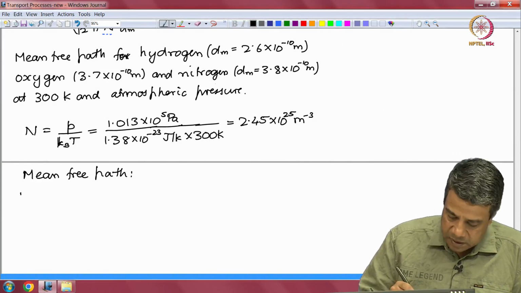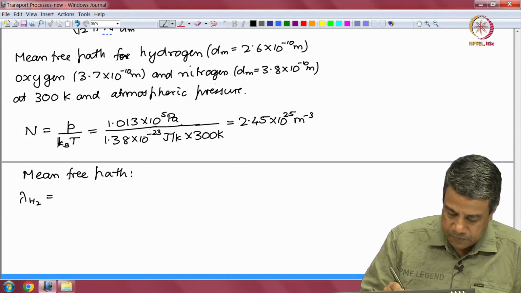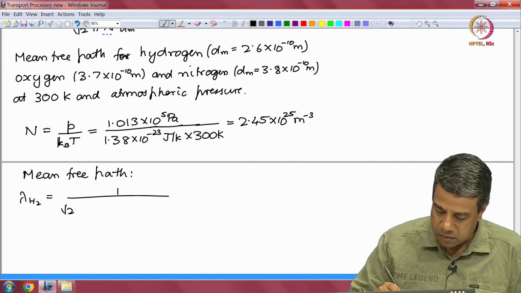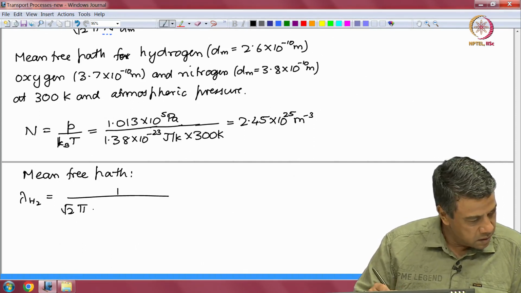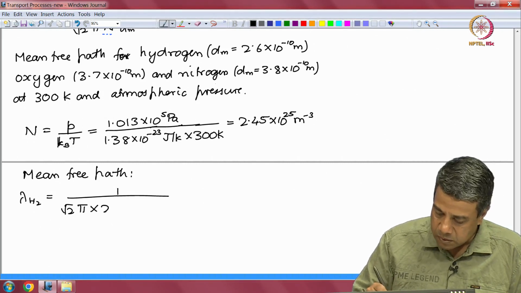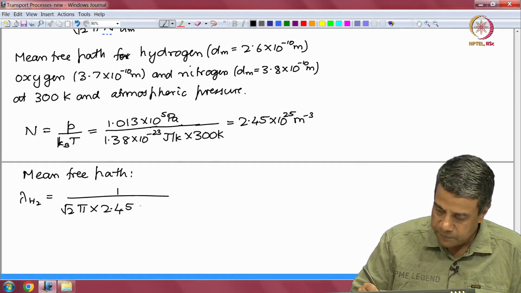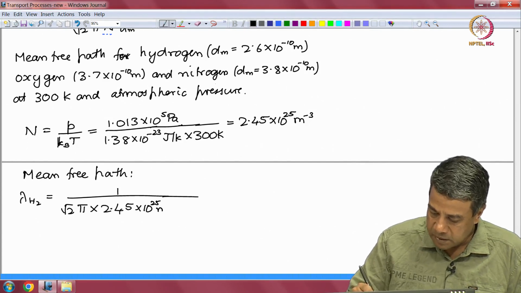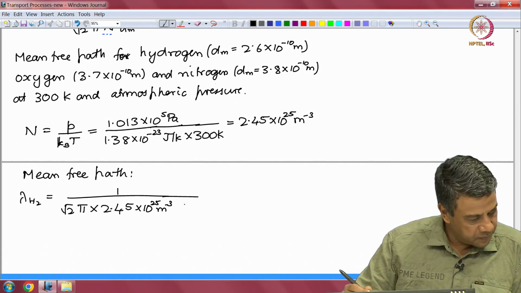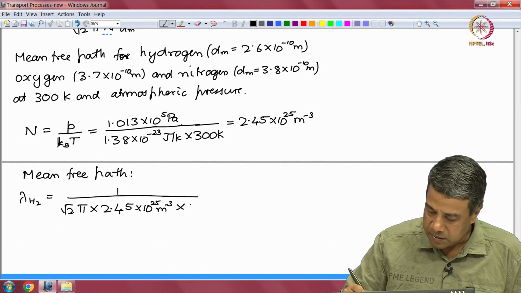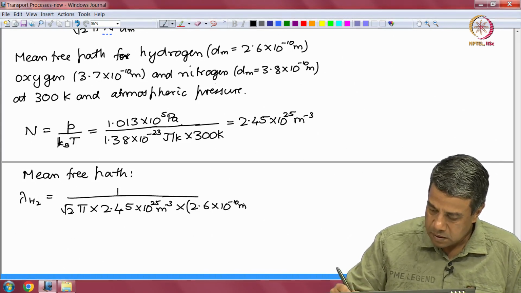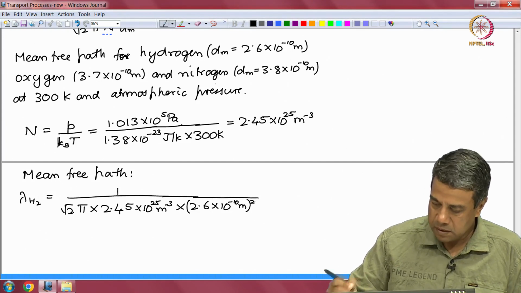Lambda for H2 is equal to 1 over root 2 pi into 2.45 into 10 power 25 meter to the minus 3, into the molecular diameter, which I said was 2.6 angstroms, whole square.